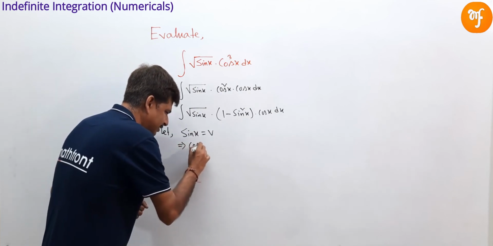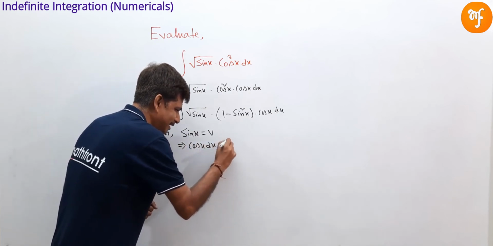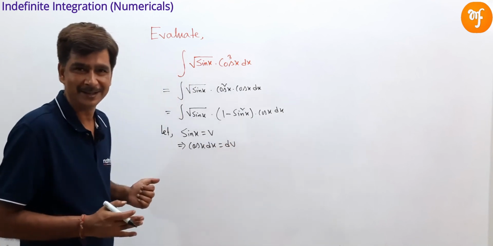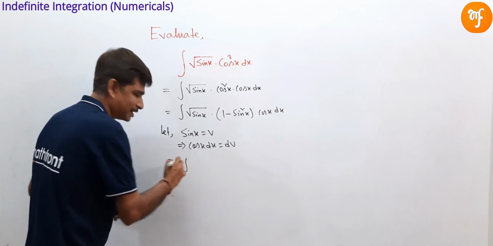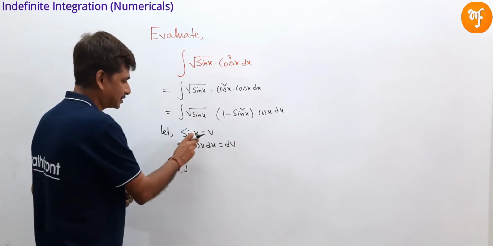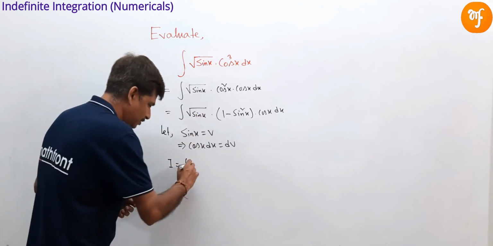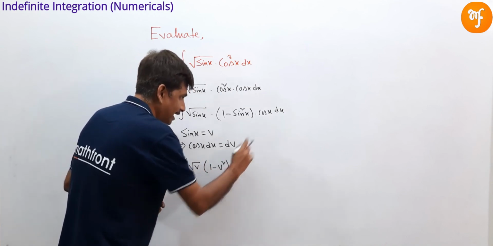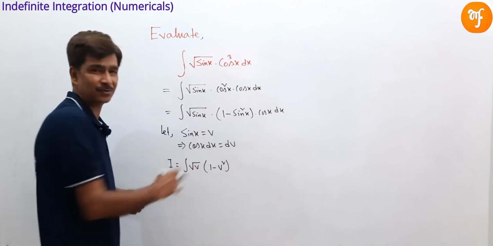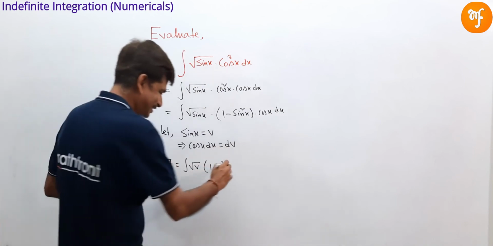Cos of x dx is equal to dv. So the integration can be written as I is equal to integration of, instead of sin x we will write v, that is square root of v into 1 minus v square, and this cos x dx can be written as what? dv. So this is dv.